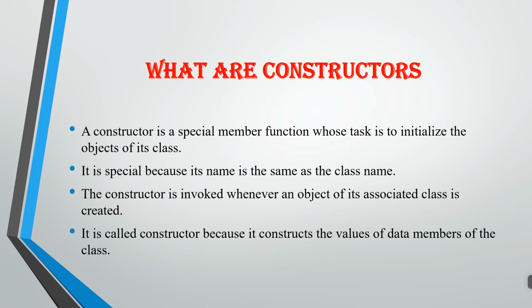But if at all we want to define a constructor inside the class, there is a rule. The rule says the constructor must and should have the name of the class itself. And the constructor is invoked whenever an object of this associated class is created.